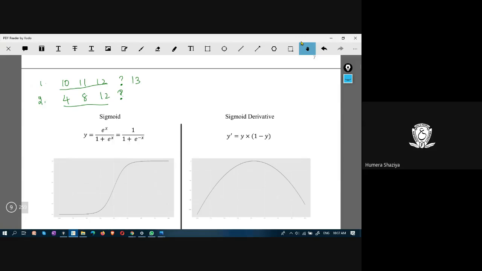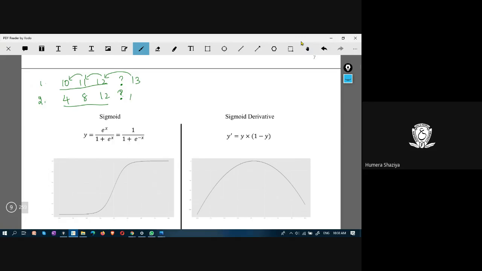Because it knows that it is just counting and incrementing by 1. 13 is the output because it is dependent on 12, its previous output, and 12 is dependent on its previous output 11, and 11 is dependent on its previous output 10. So here you see that there is a chain and all are not independent. They have some kind of correlation.